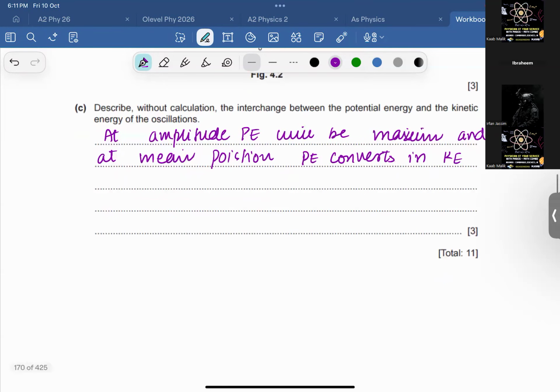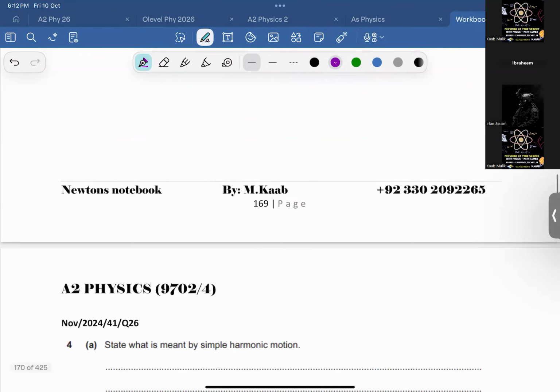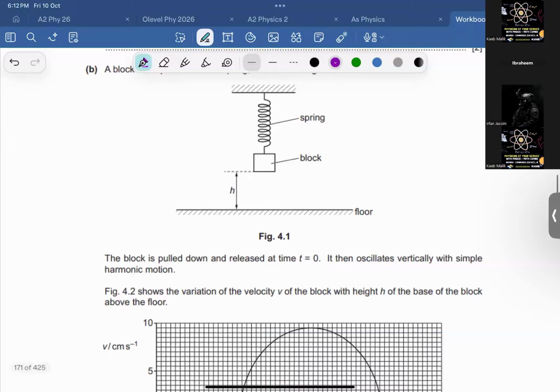Second, at x equal to 0.707 of x naught, which is 70% of the amplitude, the change in kinetic energy should be equal to the change in gravitational potential energy. So this is the concept. Clear, guys?